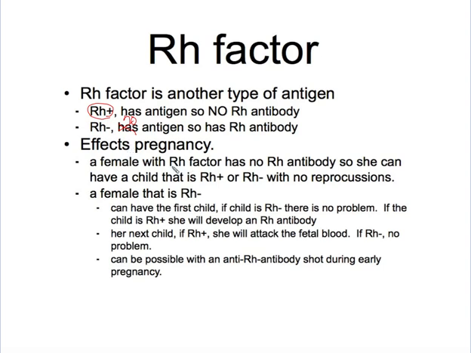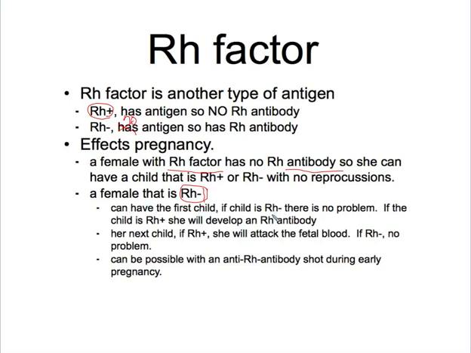If you are a female with Rh factor, if you are Rh positive, you have no antibody for Rh factor, so you can have a child that's either positive or negative because there are no antibodies in your system. So nothing's going to happen. If you are Rh negative, for example, if you're A negative, O negative, AB negative, anything negative, and let's say you have a child with somebody that's positive.